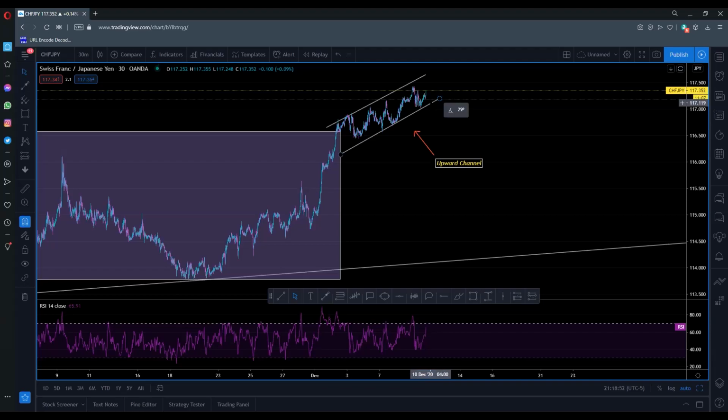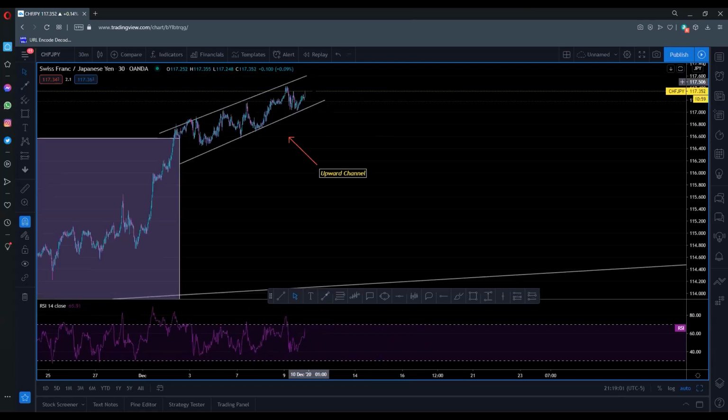Okay, so based on the channels, the theory is that if the currency pair continues to respect the channel, it will hit a new high, hit a new higher low, and then keep going until eventually it breaks.